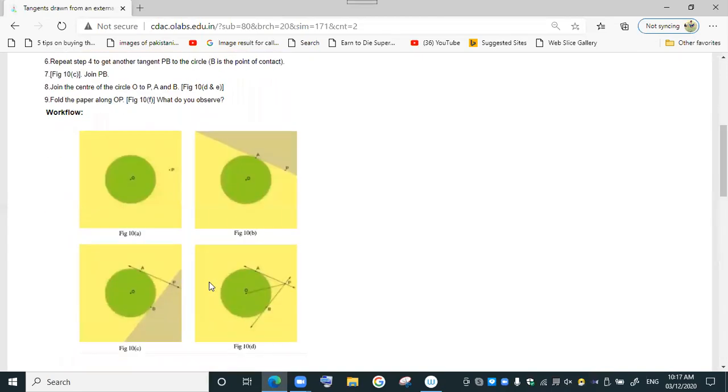Why are we folding this? If you fold the paper along OP, PA will coincide with PB. When you fold this paper along OP, PB will come on PA. So that will show by practical that PA is equal to PB. Understood? So our aim, just listen again.